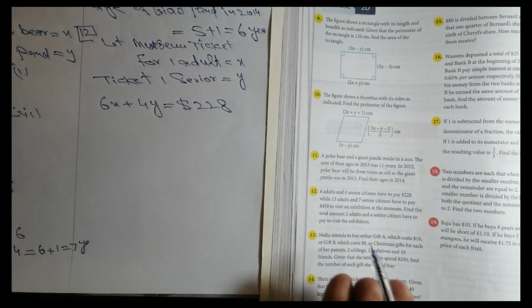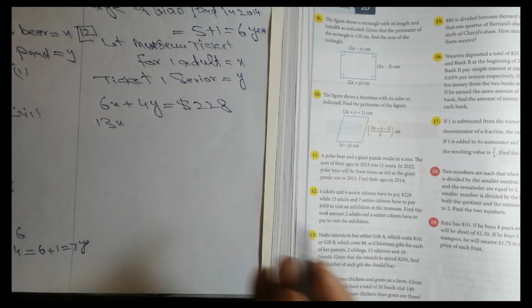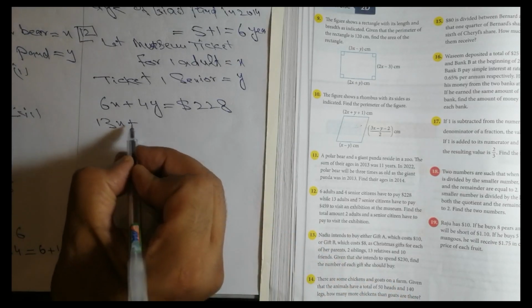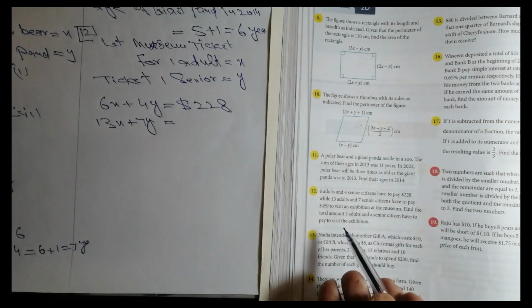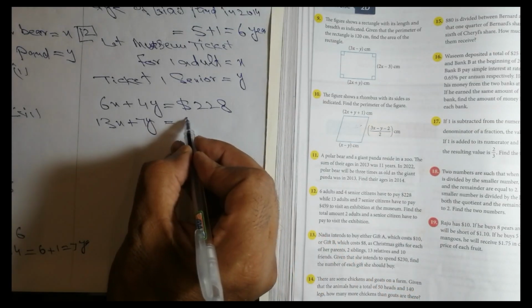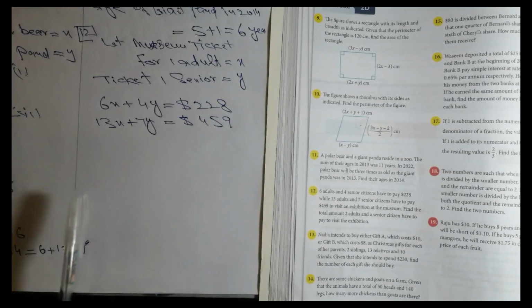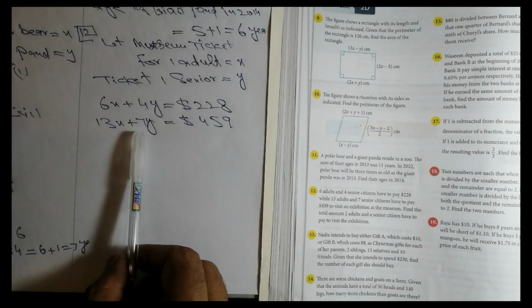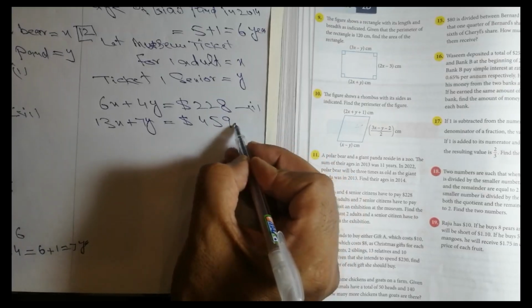while 13 adults, 13x, plus 7 seniors, 7y, equals, they have to pay $459. So we have a set of simultaneous equations, we need to solve it. Suppose this is equation number 1 and this is 2.